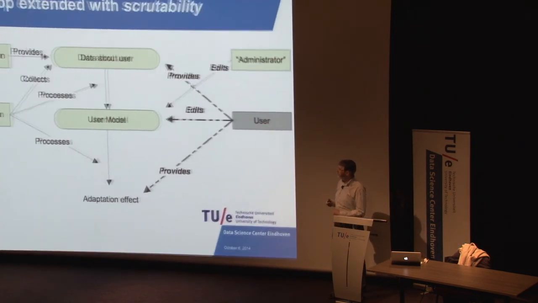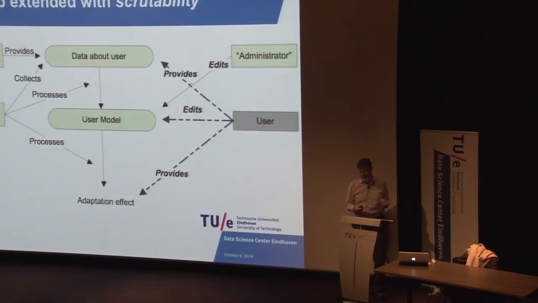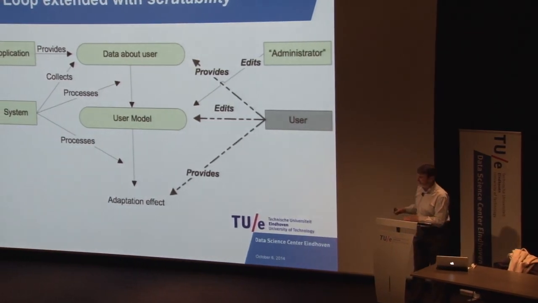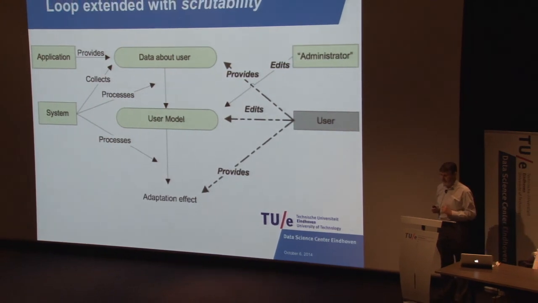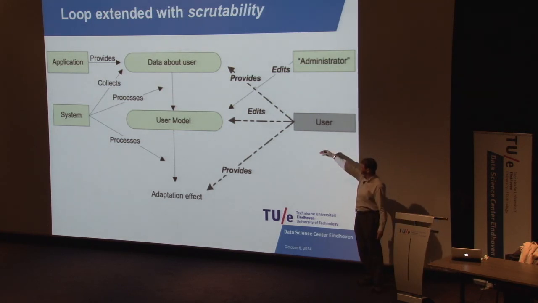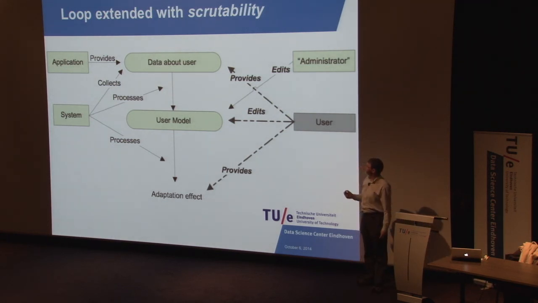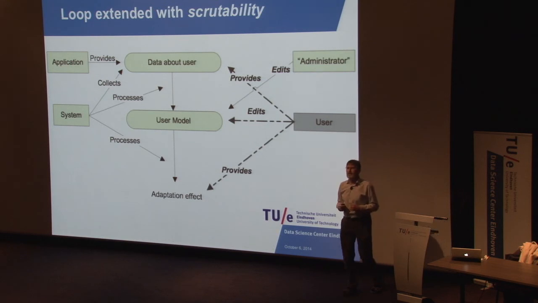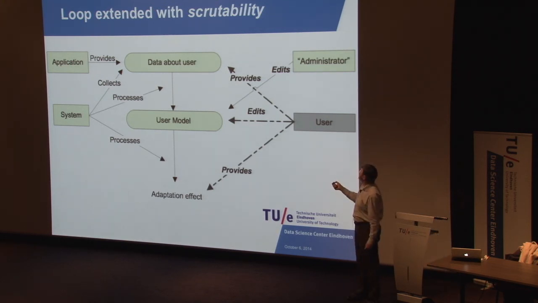So this is the loop that we started from, but now the loop has been extended with what we call scrutability. The user, and perhaps also an administrator, is allowed to edit aspects of that user model and provide additional data also about the user himself.